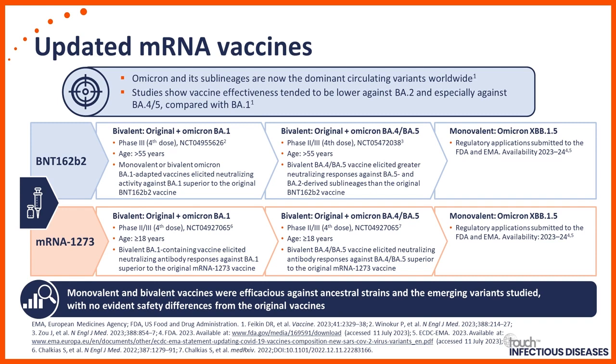So the most recent iteration, I think we are not at the end of that procedure and that evolution. What is being done is that the mRNA composition is being changed, and that then induces immunity directed against the most recent strains and the most prevalent strains, and those that raise the most concern.